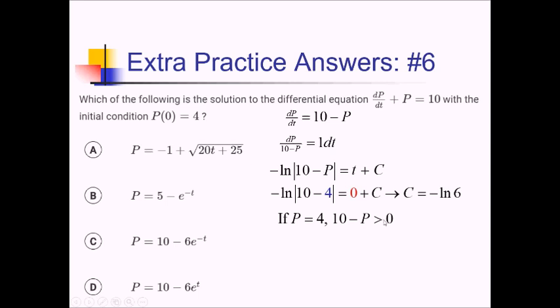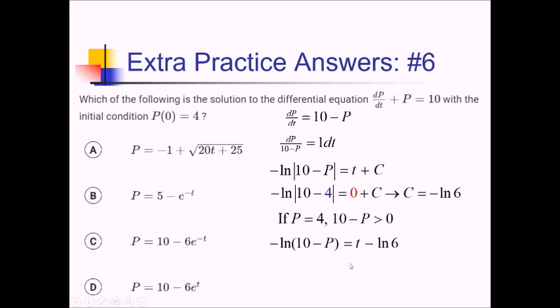Since that stuff's coming out positive with my initial condition, to get rid of the absolute value, I don't have to do anything special. I just have to replace it with a regular parentheses, and the positivity will take care of itself. So I can rewrite this as negative ln of parentheses 10 minus p equals t minus ln of 6.